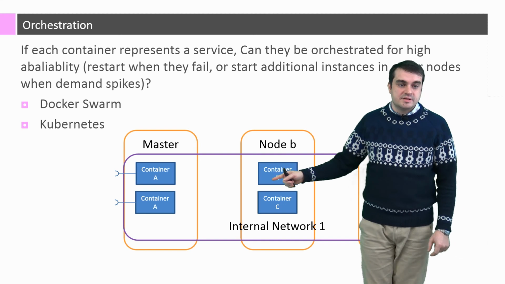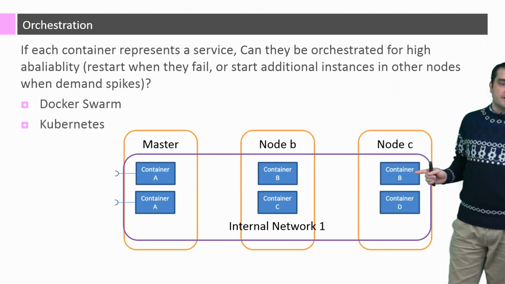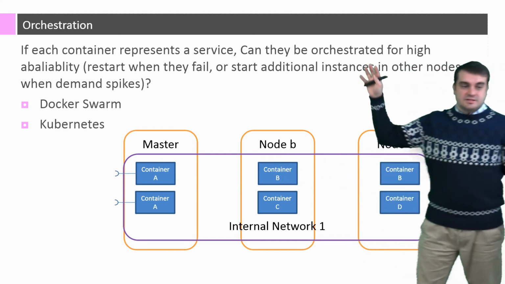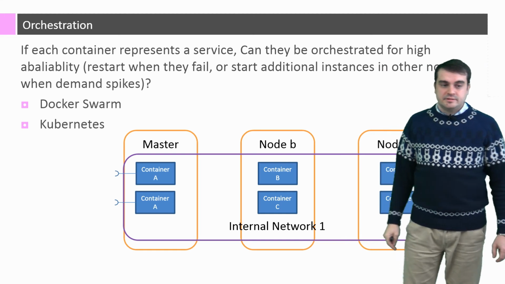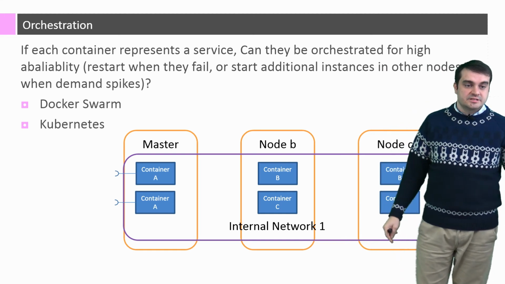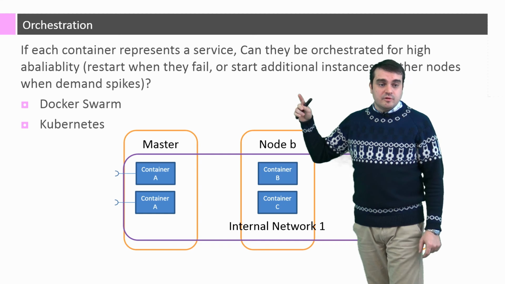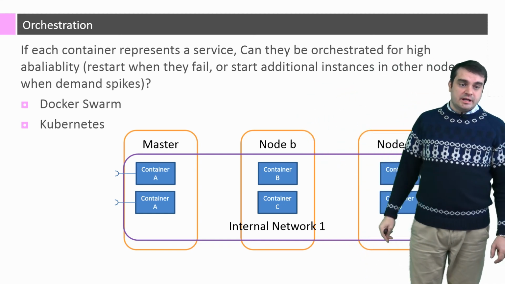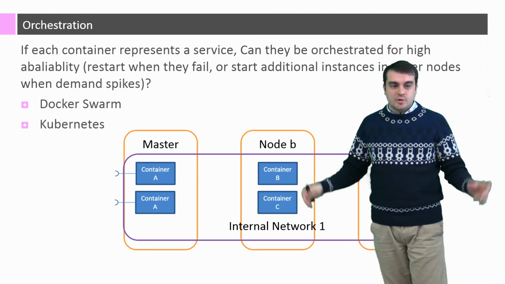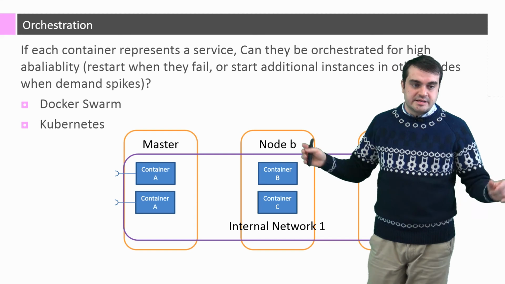We have one in node B and the same one in node C in case a whole node fails. And we might want to have them for when we need additional instances because our load is spiking.